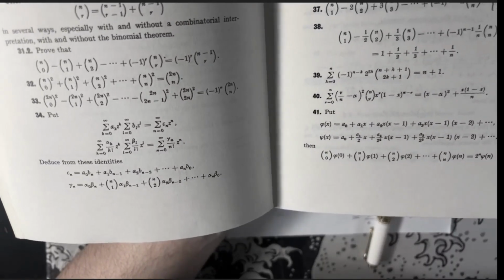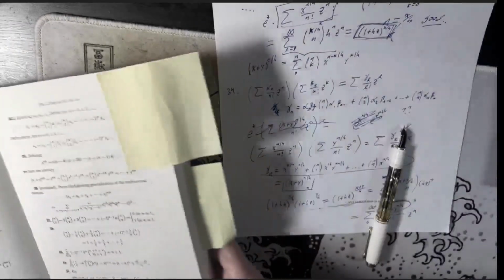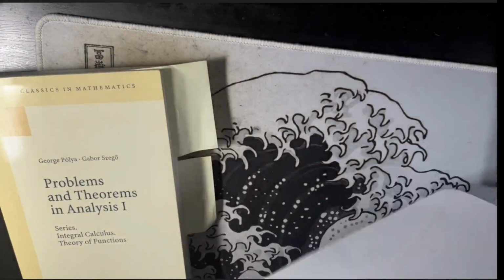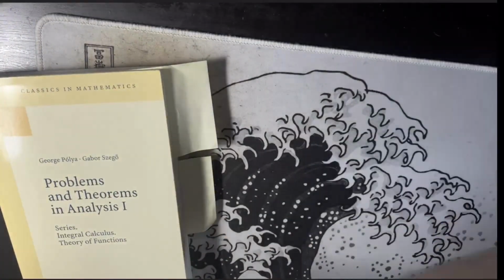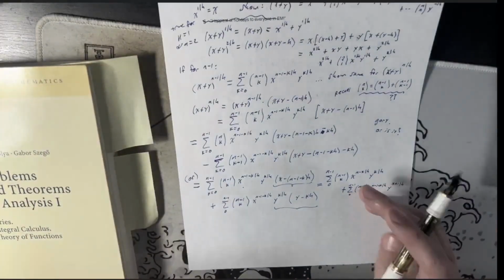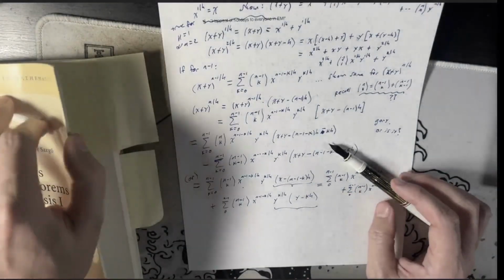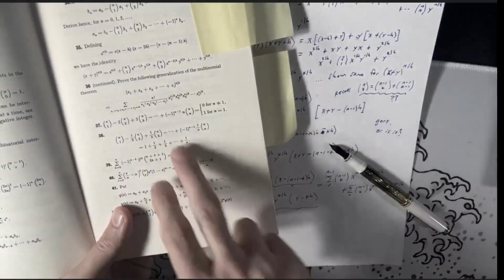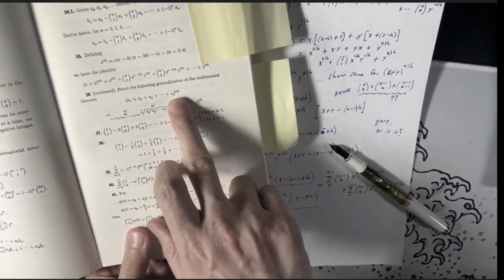His answer was definitely cleaner than my crazy induction tangent that I went on. But yeah, then the multinomial version, he says, notice you can generalize it to a multinomial version.